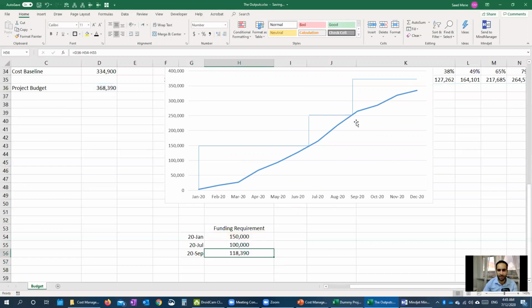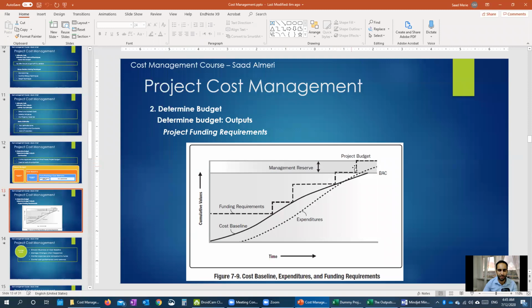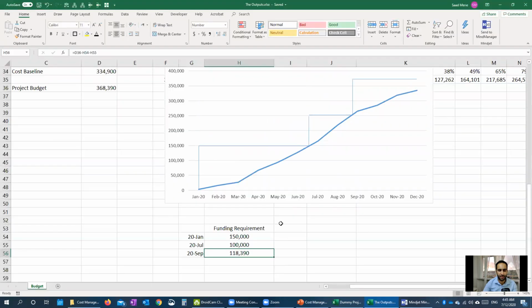So I ask the management for 118,000 in this case. Like we said, the funding requirements go up to the project budget, not up to the cost baseline. And in this case, we determine a three-times payment plan, or let's say funding plan, for the project, and each month that I need the money in.